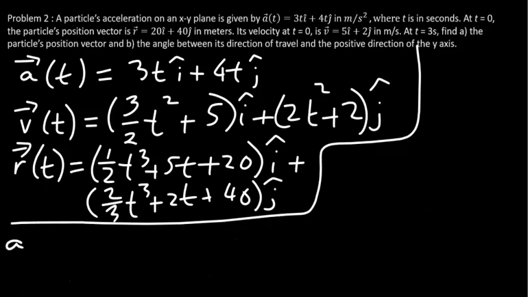Now we can answer part A, the value of the position vector at t equals 3 seconds. So substitute t equals 3 in here and you'll get the answer.